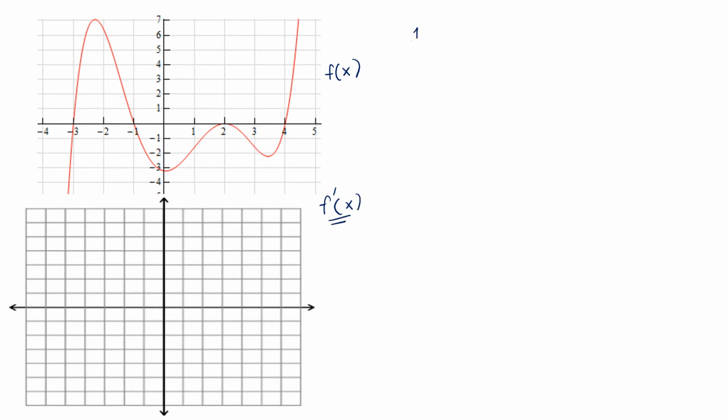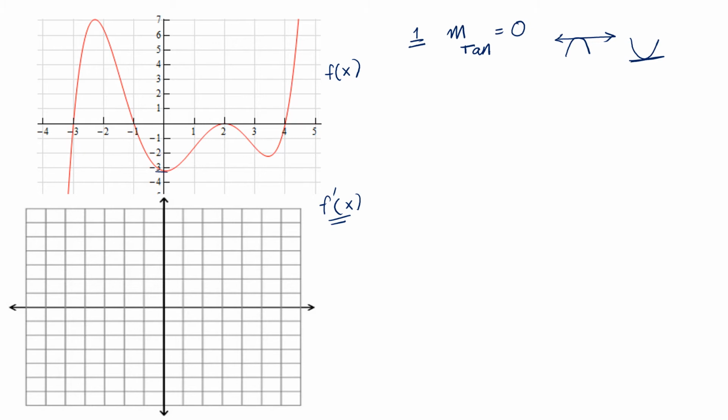So what is the first thing you will see? You will see where the slope of the tangent line is 0. It means you will get a horizontal line like this, or on these points you will get the horizontal line like that. These are your critical numbers.